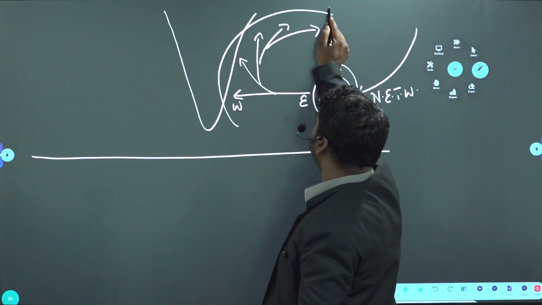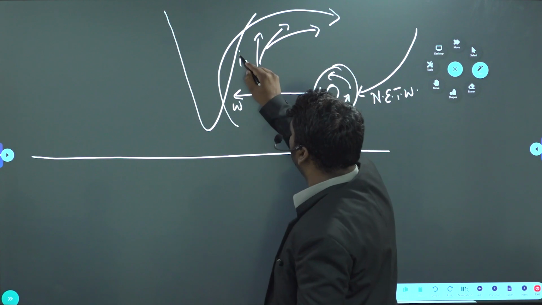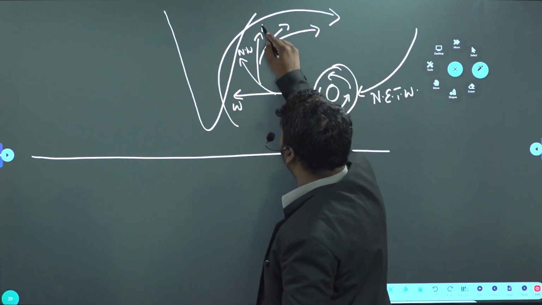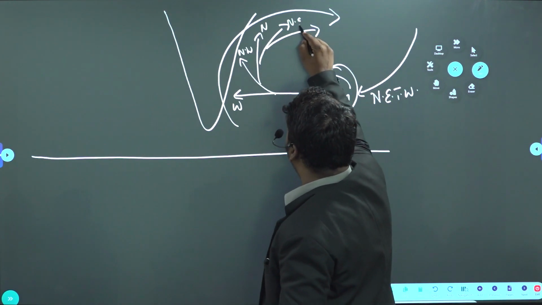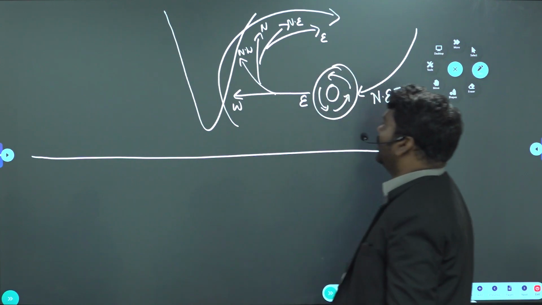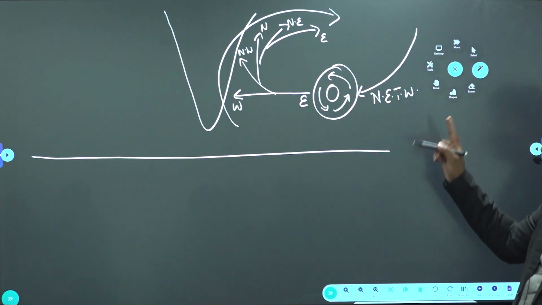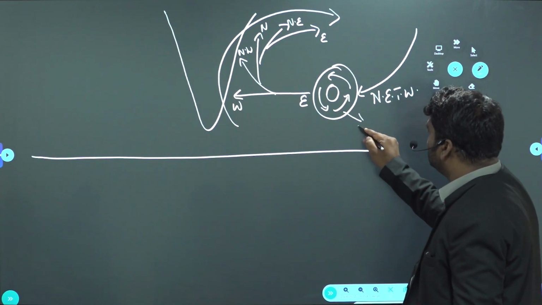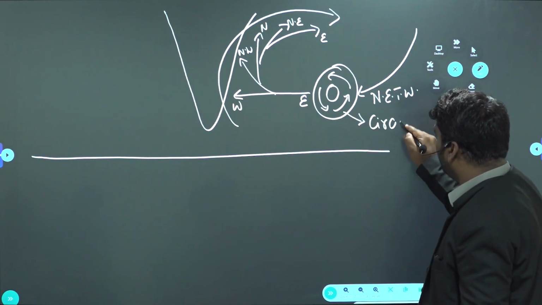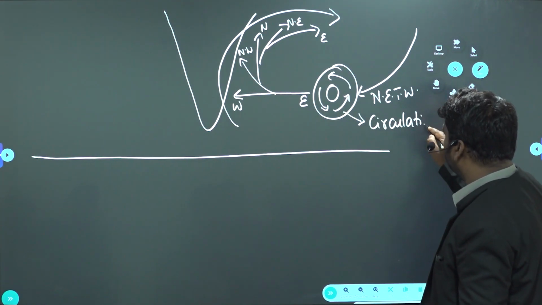Can you tell what this is? Is it clockwise or anti-clockwise? Guys, please understand. Circulation is anti-clockwise.